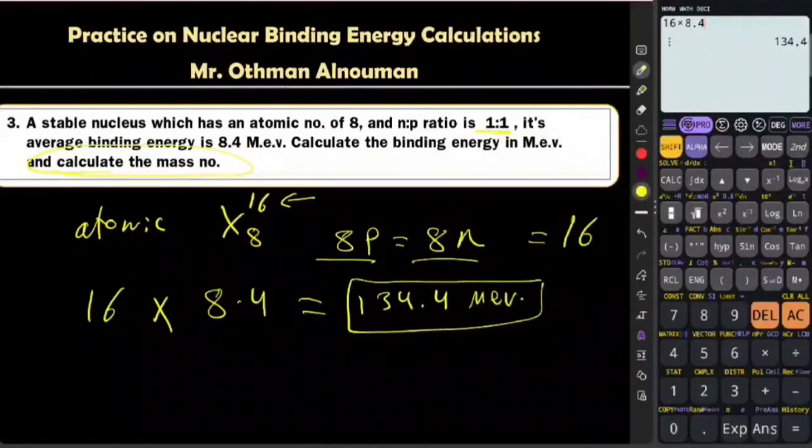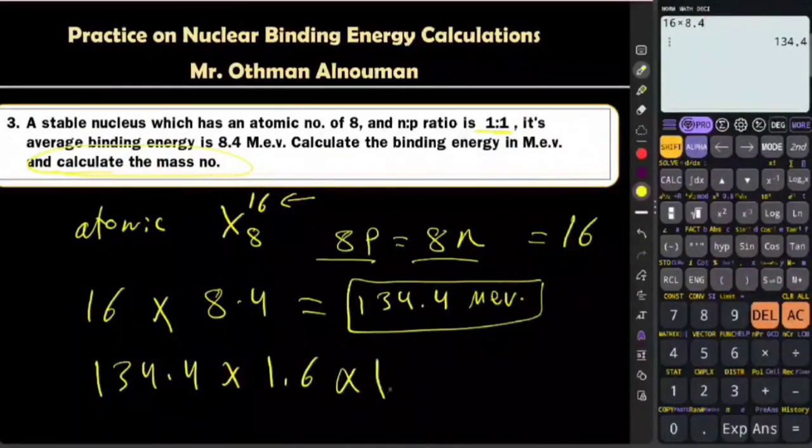This is the binding energy. Again, if it tells you what is the binding energy in joule, you are going to say 134.4 times 1.6 times 10 to the power of negative 13 to make it into joule.